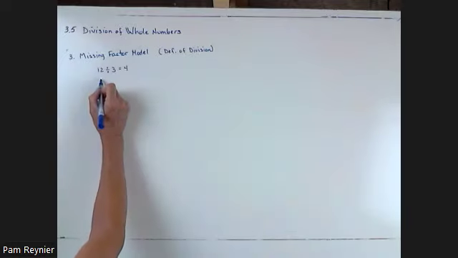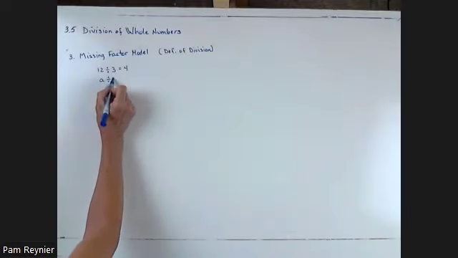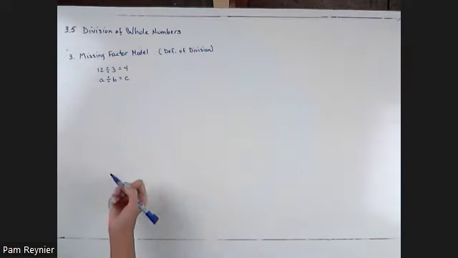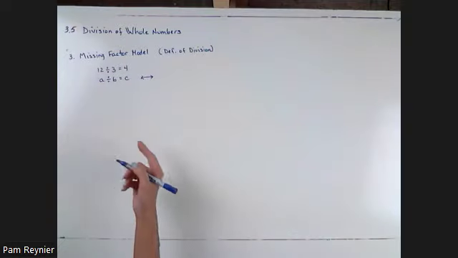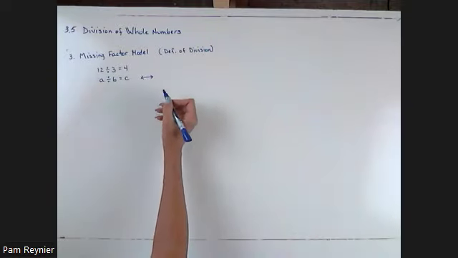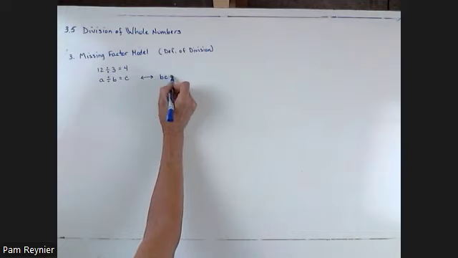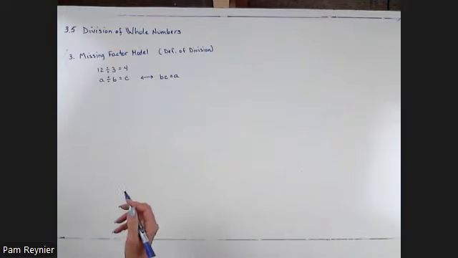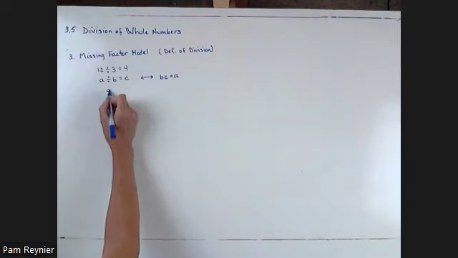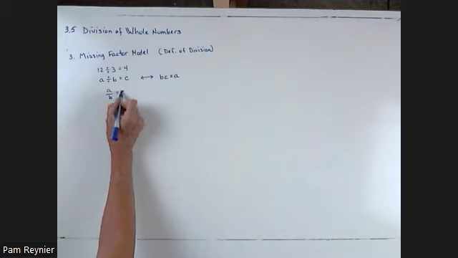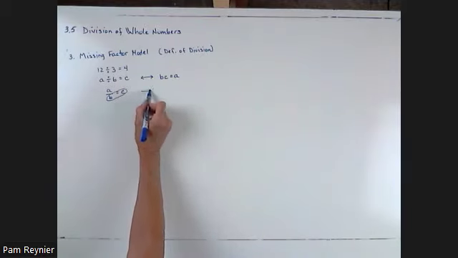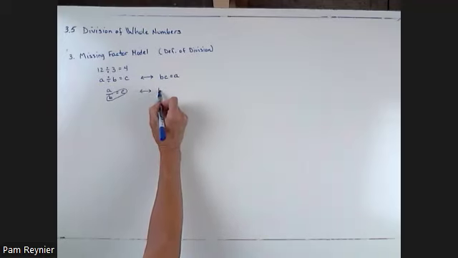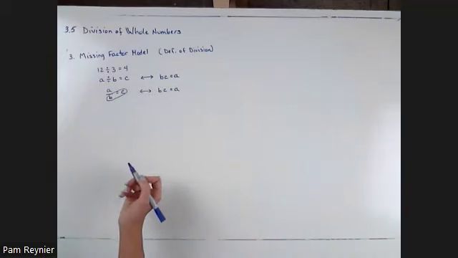So if we look at what we wrote at the beginning, we said A divided by B always gives us the quotient of C, and that can always be rewritten if and only if B times C equals A. If you prefer, you can think of it as A over B. And you may remember we used to cross multiply, and we'll get there again. That's the same as saying B times C equals A.